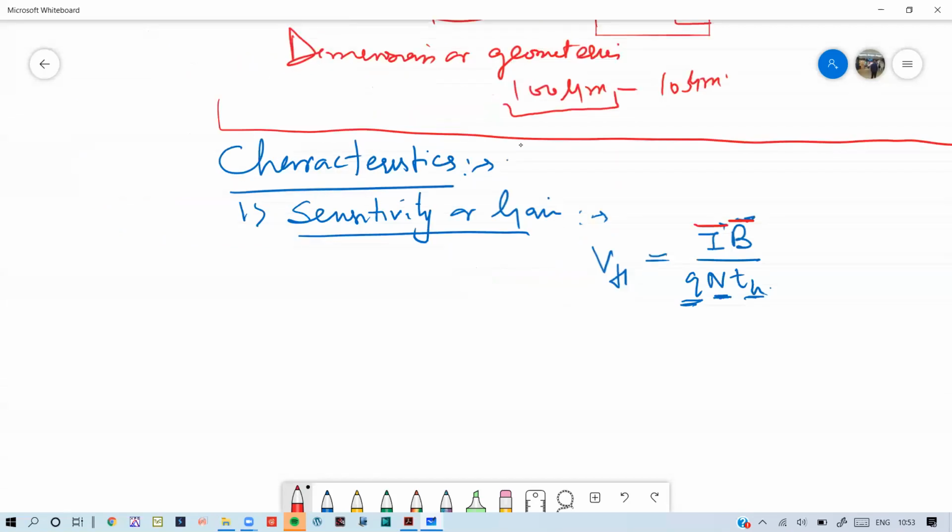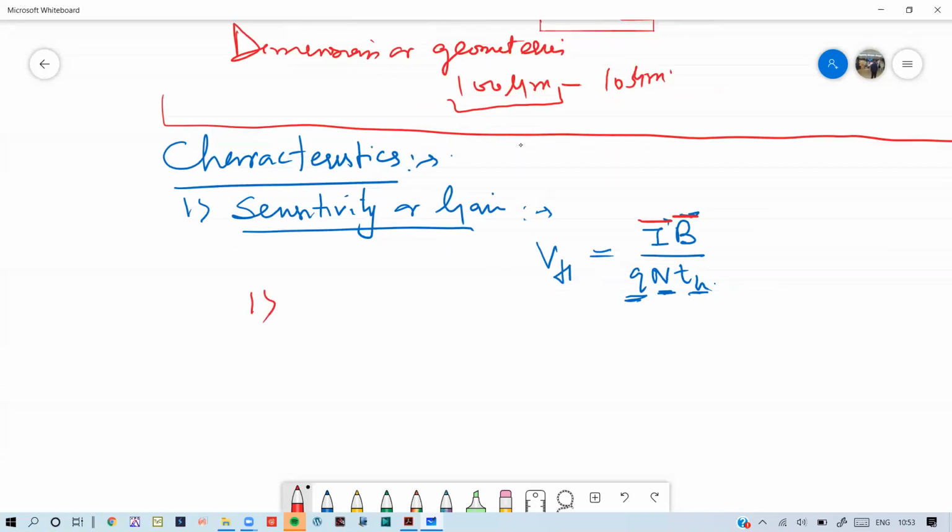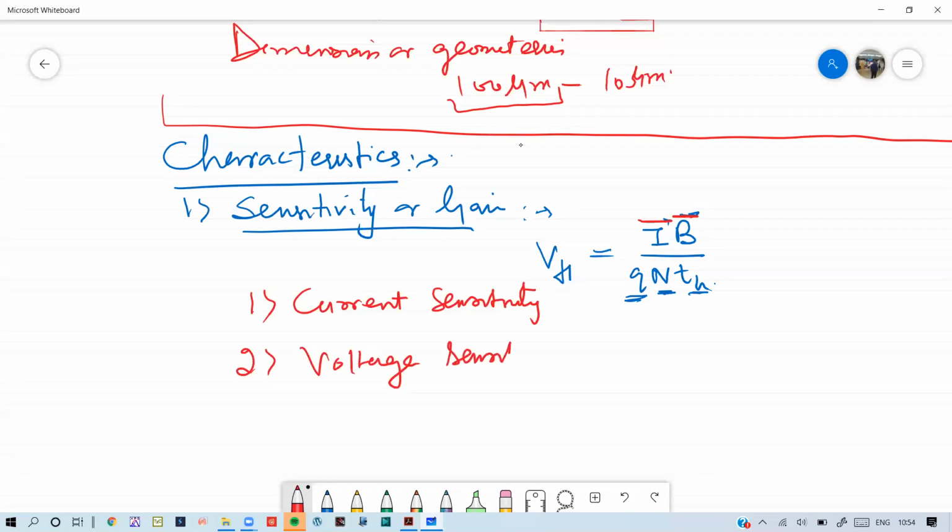It is called current sensitivity. Or we can have voltage sensitivity. Voltage sensitivity means how sensitive the Hall voltage, the output, is to current or to voltage.